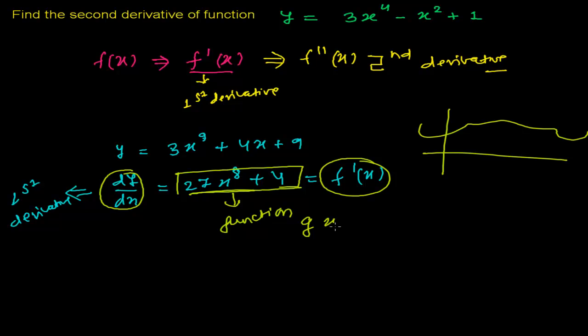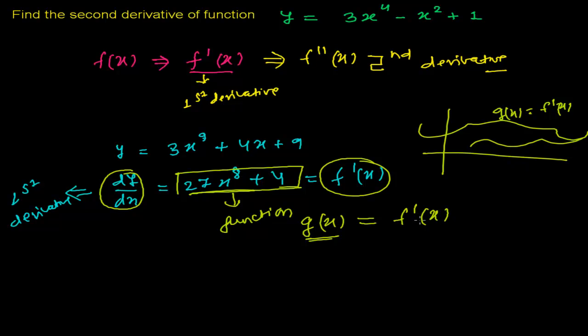You can imagine this is a function g of x, which is actually equal to f prime of x. Your initial function f of x can be something different, with a different curve.